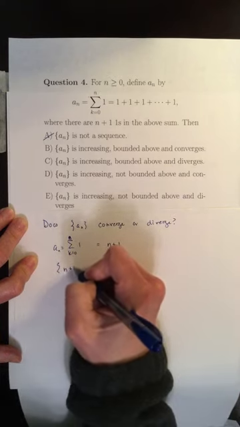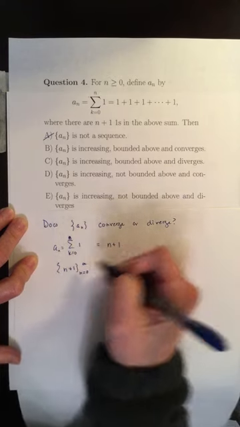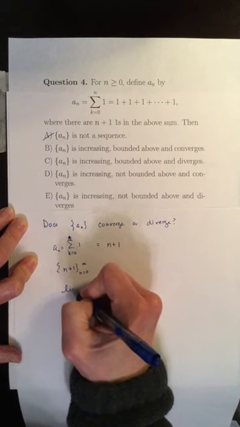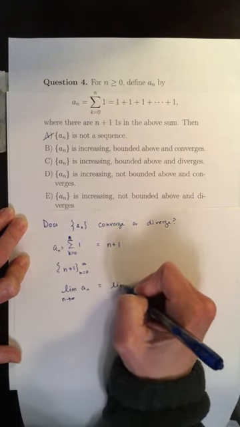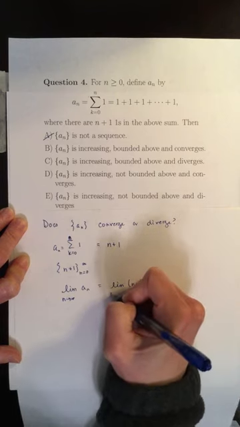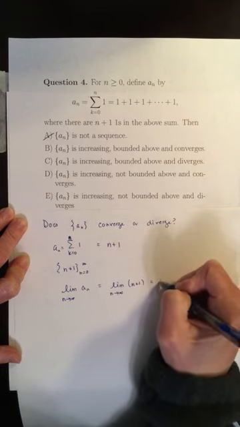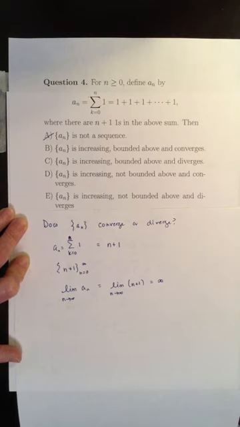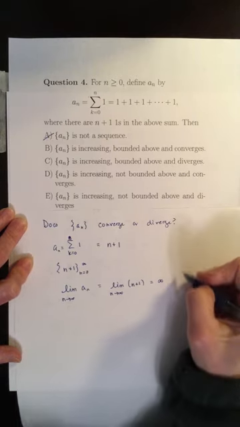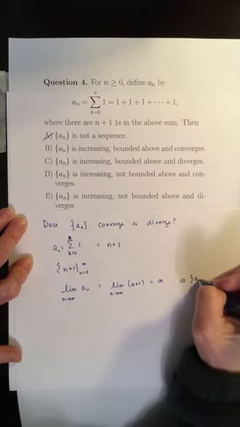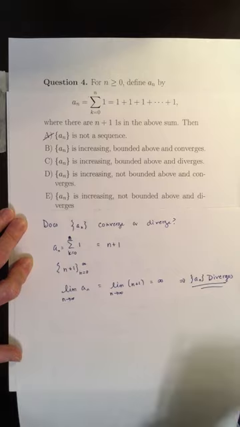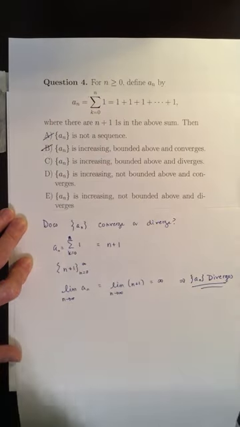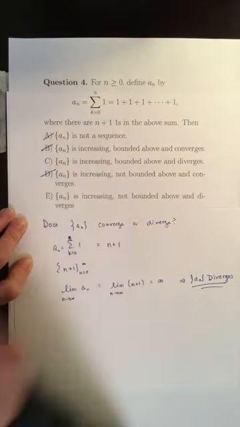This sequence, when we consider the limit of the terms as n goes to infinity, is going to be the limit of n plus 1 as n goes to infinity, which we well know has a limit of infinity. So we say that the sequence diverges. Okay, so we can eliminate choice B and choice C.